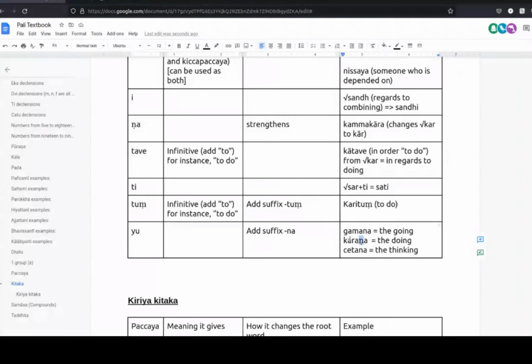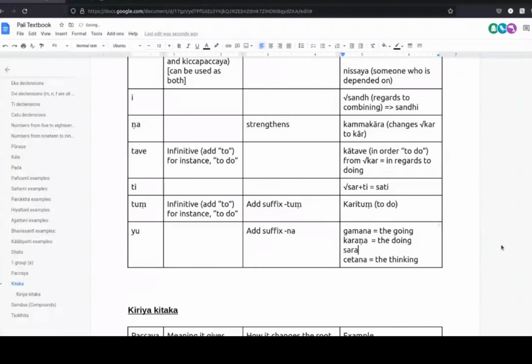But yes, when there's an R, a ra, this is why we get sarana. So there's another one. Sarana is a bit different.